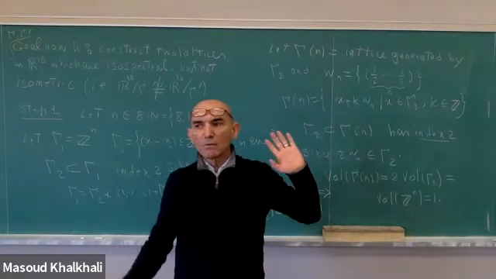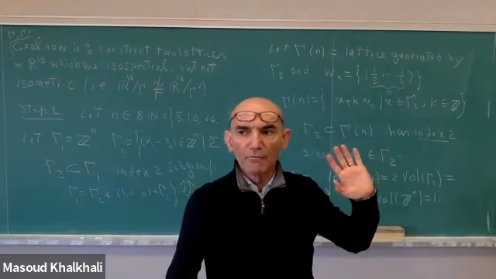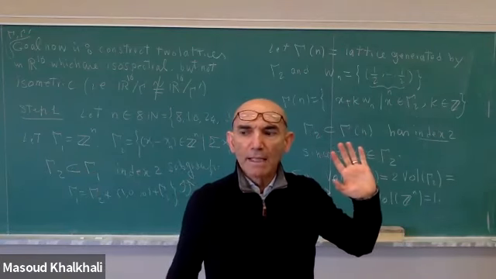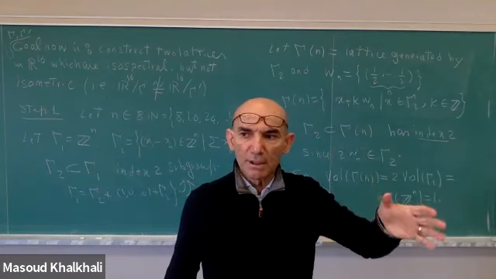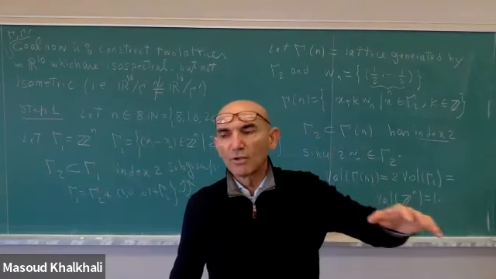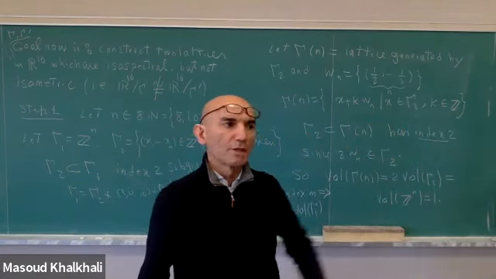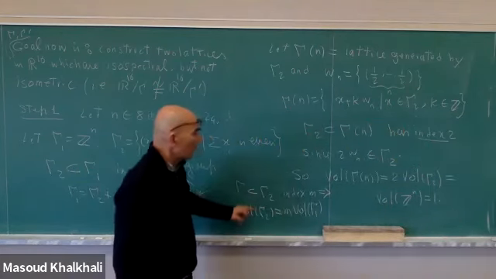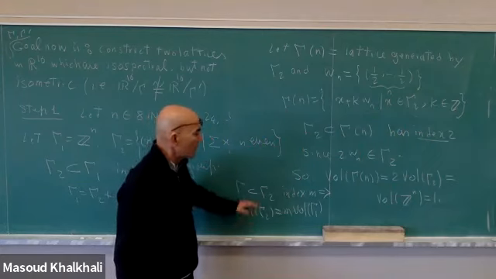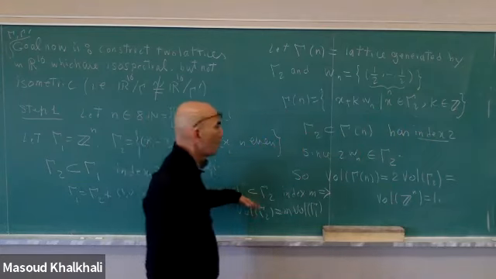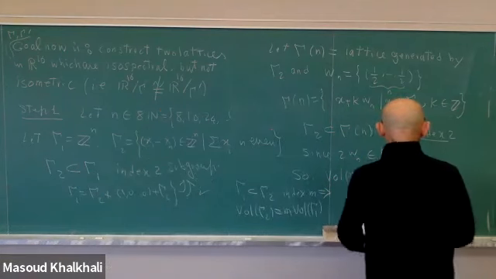So you can start with a fundamental domain for gamma 1, and take its translates under these cosets, and get a fundamental domain for the whole thing. This needs a little bit of work, but intuitively it's clear.